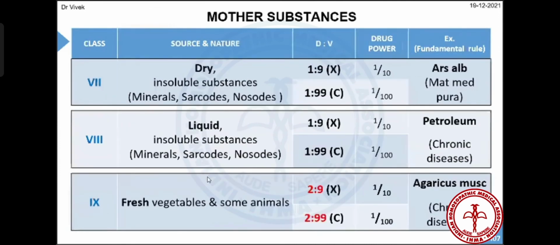And Nagma PA: 8 and 9 is PA, petroleum and agaricus. Like that you can easily remember the fundamental rule of drugs and classes 5, 6, 7, 8, 9. Nagma PA: natrum mur, acid fluor, guaiacum, mercor, ars alb, petroleum, agaricus.